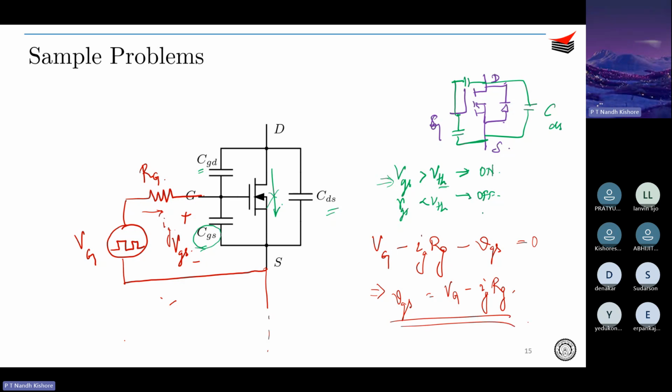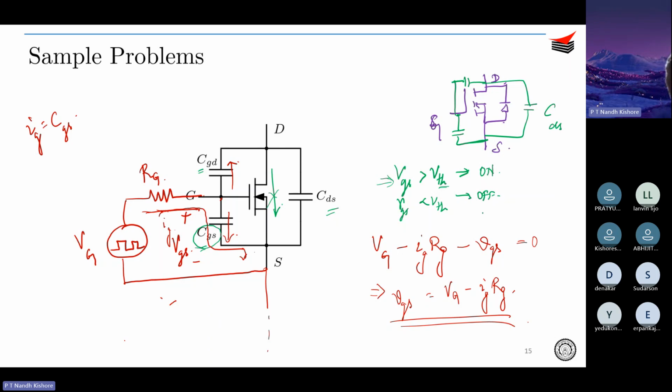Okay. And what is this gate current? You can understand that IG is essentially flowing over here, right? So this is the part of this IG. So the capacitor current is given by CGS into, of course, you have two paths for this gate current over here. It comes to this point, it can flow through CGS, it can also flow through CGD. Okay.